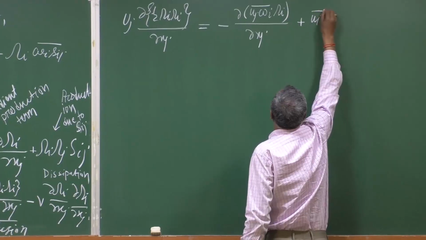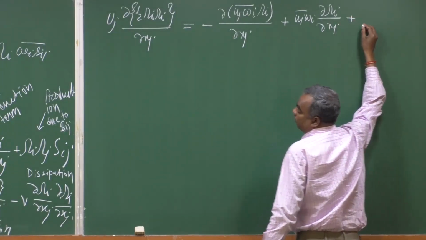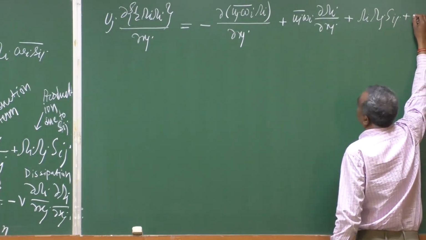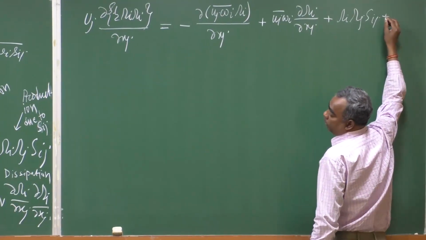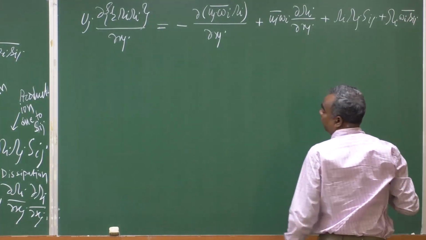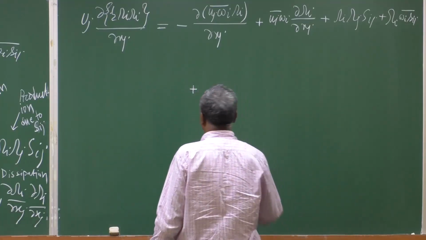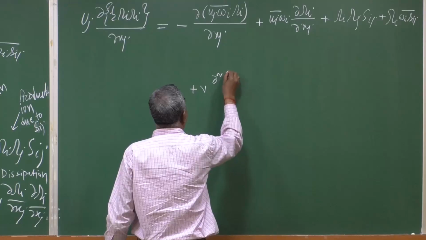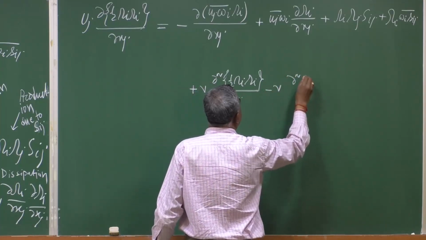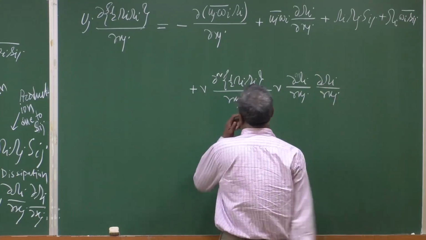This is u_j omega_i del omega_i by del x_j, plus capital S_ij, plus your mixed production term, that is omega_i S_ij bar, plus two viscous terms, that is nu del squared by del x_j nu, sigma_i del x_j del sigma_i del x_j. Okay.